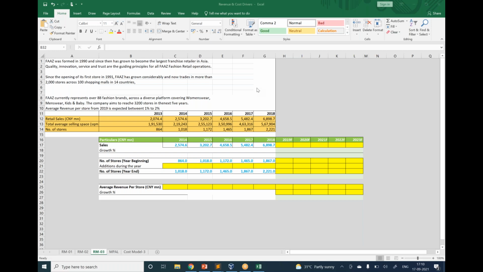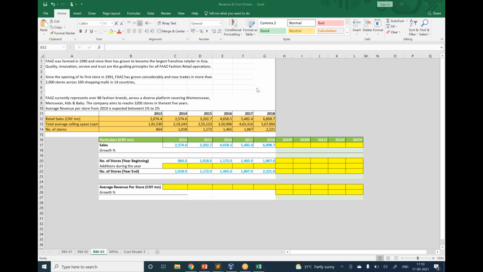Revenue is already there, but they want revenue per store. So what should I do? Revenue is already here, but they're asking for revenue per store. So what should be the formula? Sales, correct, divided by number of stores. Agreed? Excellent. Yes, divide by number of stores.